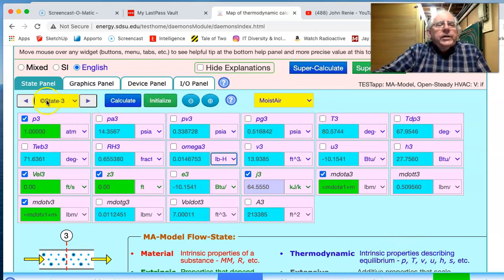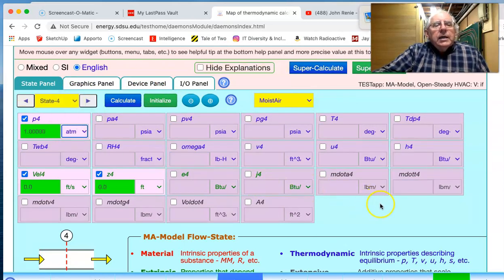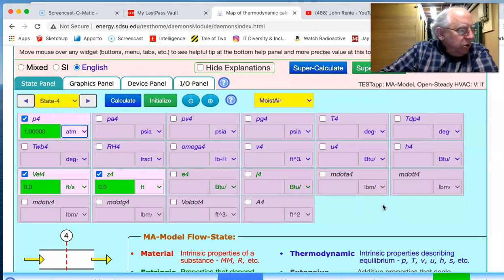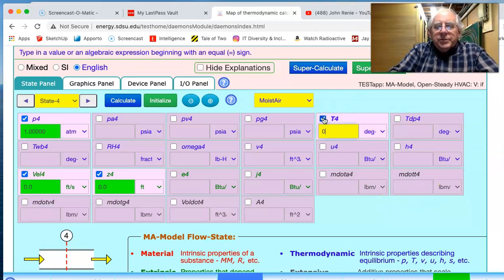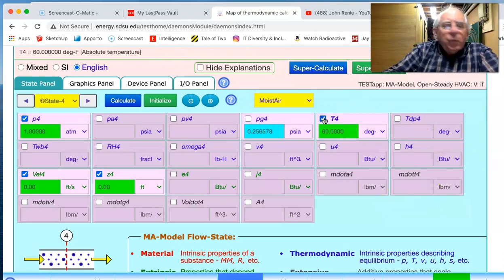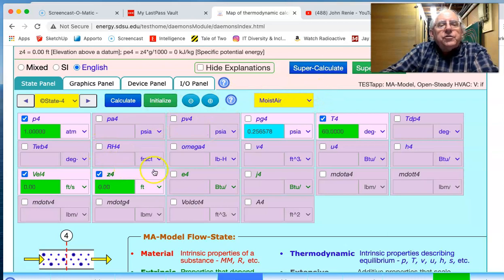And so we're going to go ahead and specify that state 4 is going to be coming out of the conditioning unit. And so we are told in problem number 4 that it comes out at 60 degrees at a lower temperature, so it is being cooled, and it's also coming out at a relative humidity of 75%.